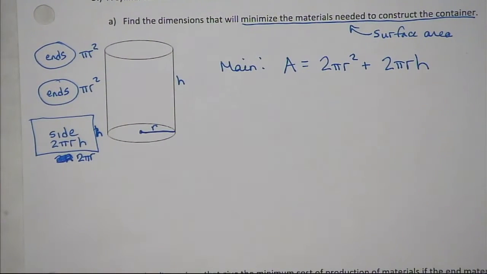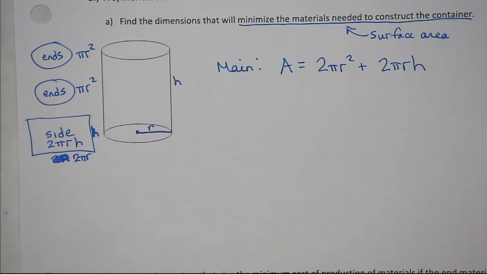Whew, okay. So that was kind of the big part. Those of you who like optimization understand that figuring out the main equation is the harder part. With related rates, it's a little bit easier to figure out the formulas because they give you more information about it. So you just have to think about these a little bit.